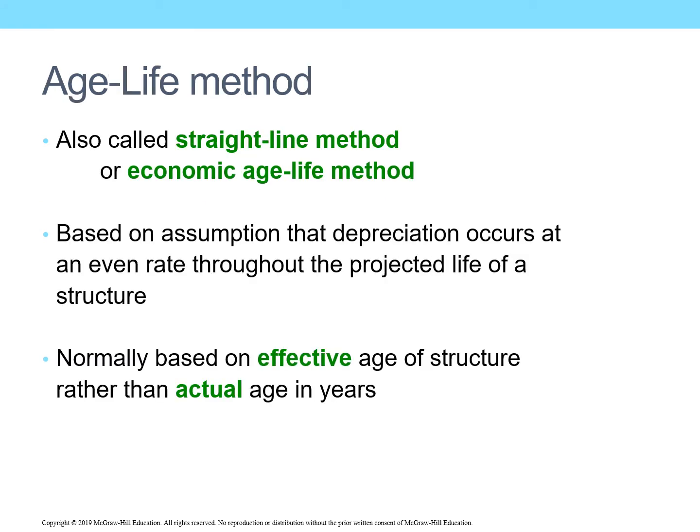Our next method is the age-life method, and this method assumes that depreciation occurs at an even rate throughout the life of the structure, and it's important that we be able to estimate the effective age on that improvement as well as its total economic life.